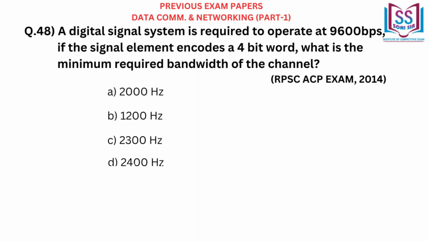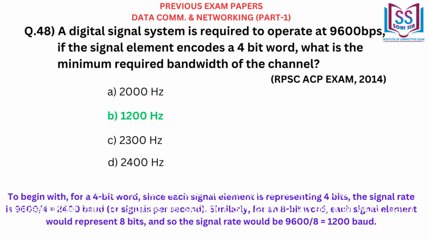A digital signal system is required to operate at 9600 BPS if the signal element encodes a 4-bit word. What is the minimum required bandwidth of the channel? A. 2000 Hz. B. 1200 Hz. C. 2300 Hz. D. 2400 Hz. Correct answer B. 1200 Hz.